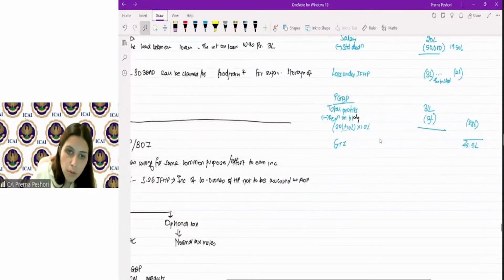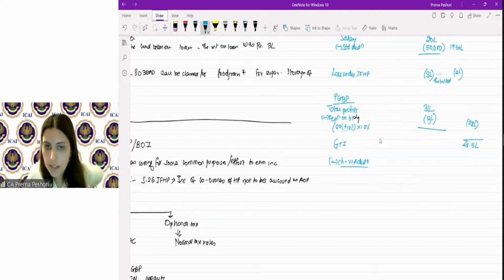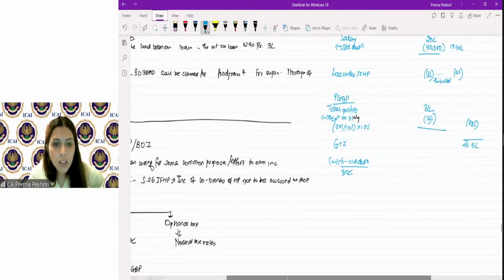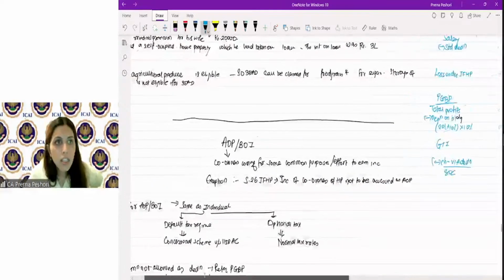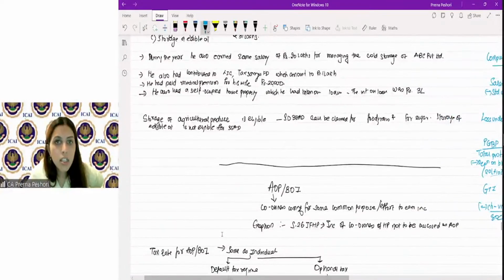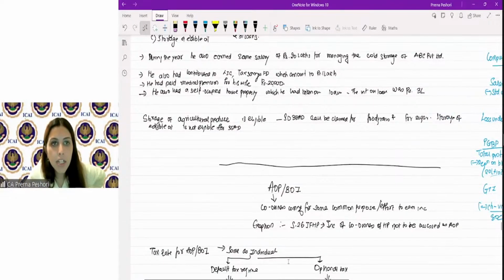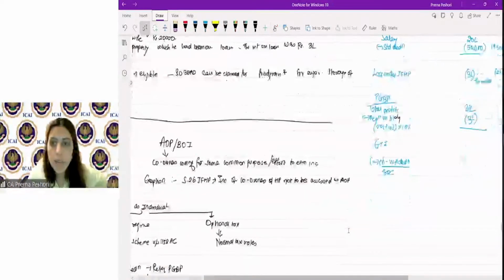Right? Out of this, less chapter 6A deduction. So under that, I have under chapter 6A deduction, 80C. How much is the 80C they have given? 1 lakh, and medical premium is 20,000 under 80D. So 1 lakh and 20,000.